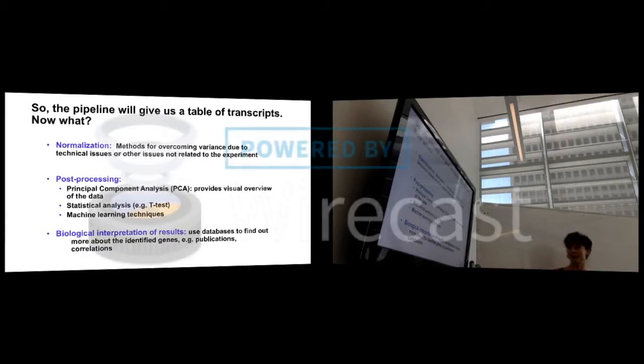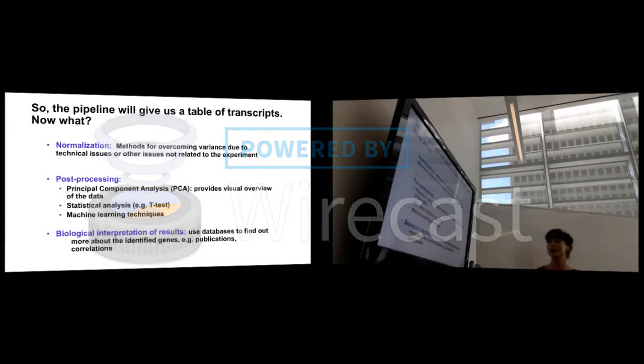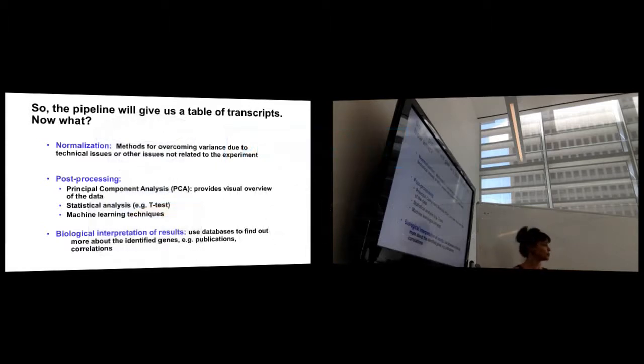Okay. So now, at the end of the pipeline, you have a table of transcripts. What are we going to do? First thing is normalization. Jacqueline's going to talk a little bit more about that. There's many different techniques. You want to make sure that you're not reporting results that are due to technical issues and those issues not related to your experimental question. Post-processing. So principal component analysis, I'm going to have another slide on this.